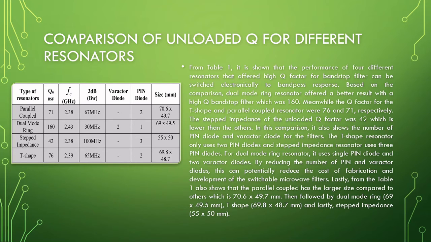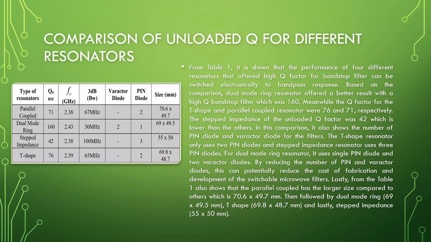So in this comparison, it also shows the number of pin diodes and varactor diodes for the filter. The T-shaped resonator only uses 2 pin diodes, and the step impedance resonator uses 3 pin diodes. The dual mode ring resonator uses a single pin diode and 2 varactor diodes.